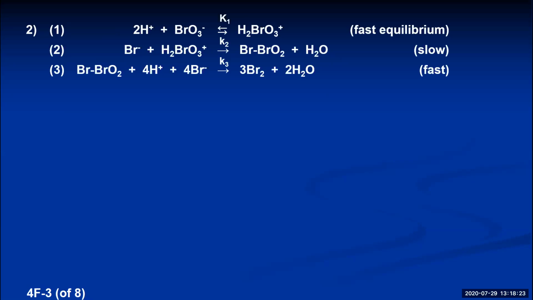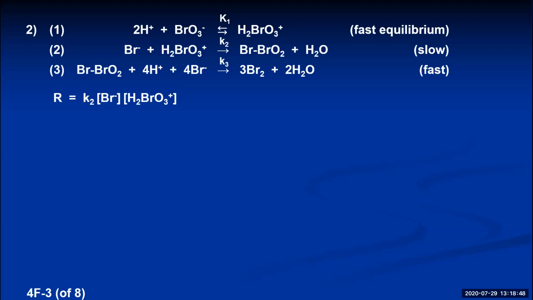The rate of the reaction is going to be proportional to the concentration of the reactants in the slowest step. So the rate will be proportional to the concentration of bromide to the first power multiplied by the concentration of H2BrO3 positive to the first power. So the rate will equal the specific rate constant for that second step, K2, multiplied by Br minus to the first, H2BrO3 positive to the first.